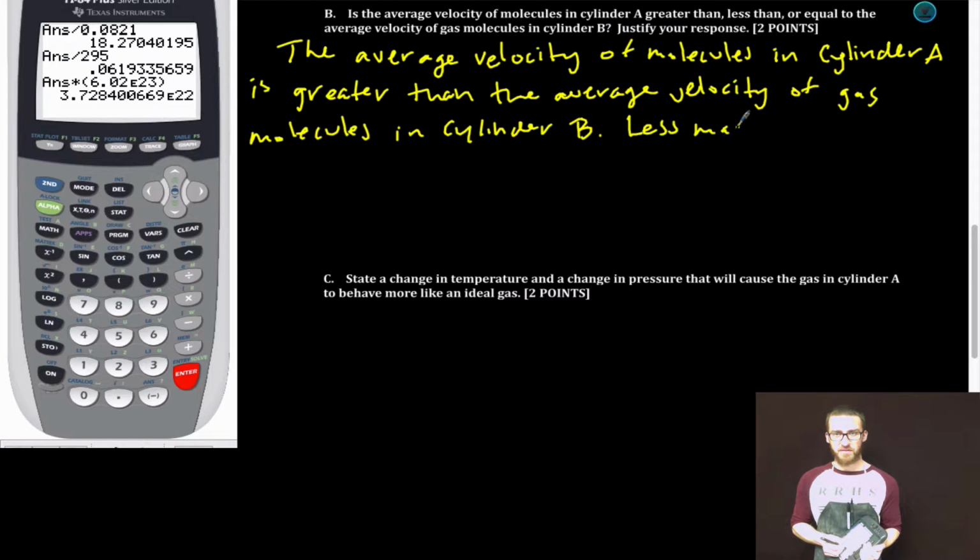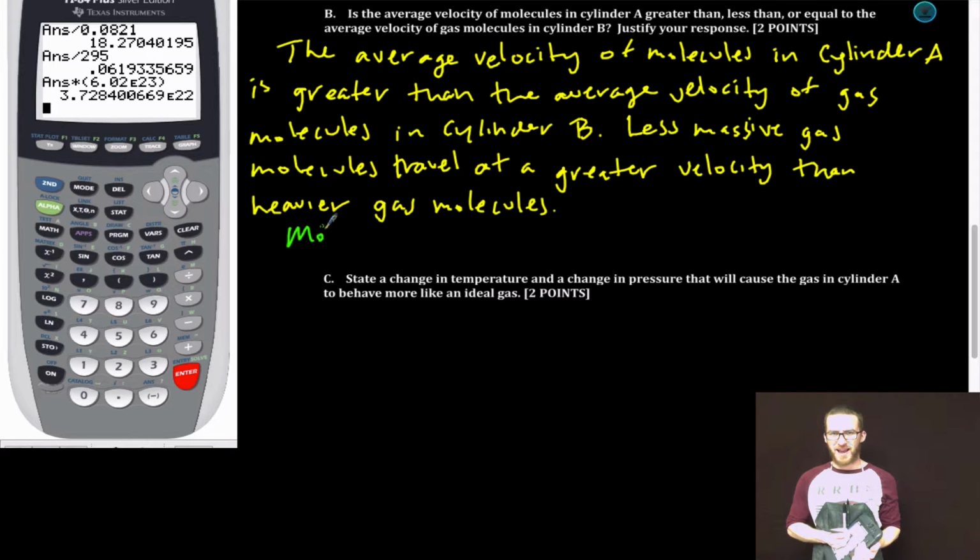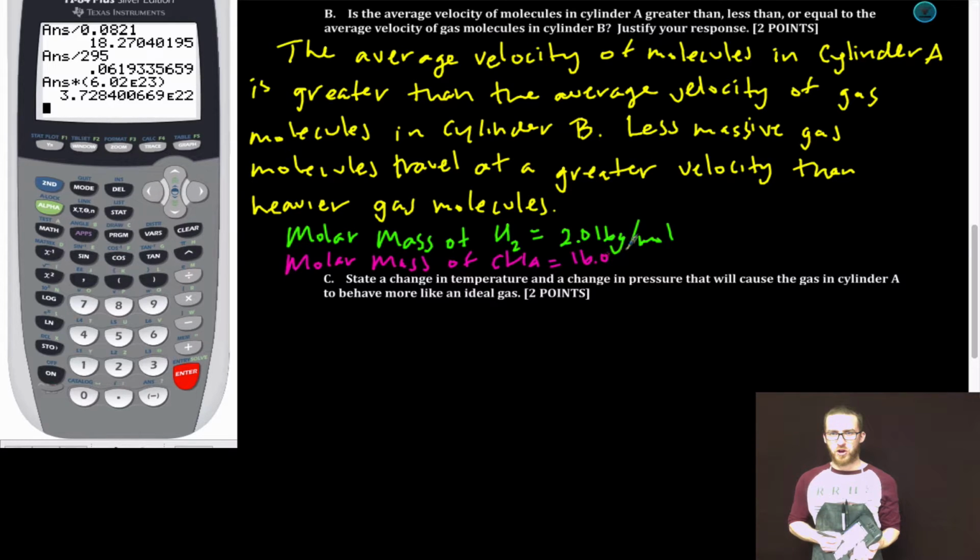Less massive gas molecules travel at a greater velocity than heavier gas molecules. Molar mass of H2 is 2.016 grams per mole. Molar mass of CH4 is 16.042 grams per mole. Boom!